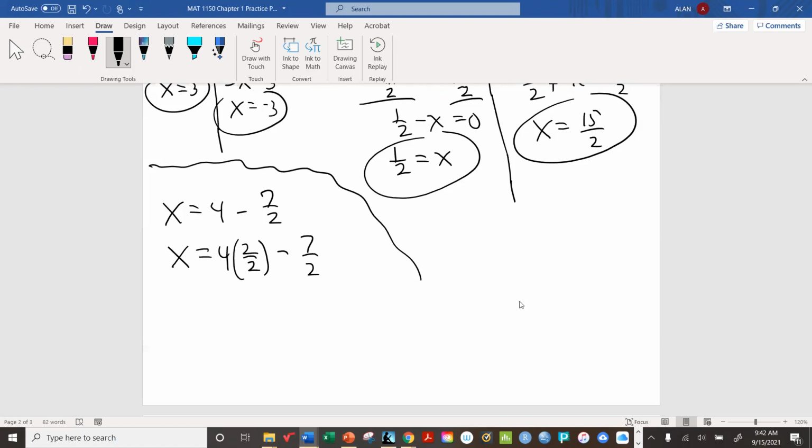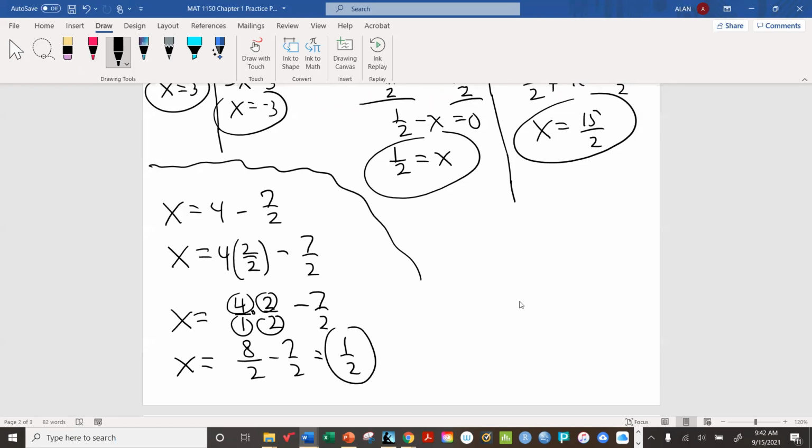Now, what did that accomplish? By the way, I just want to remind you too that 4 is the same as 4/1. And now when you multiply two ratios or two fractions together, you multiply the numerators together and you multiply the denominators, and this is what you end up with.